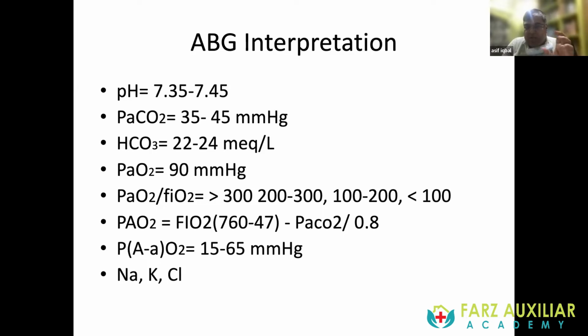But from the question stem, you have to calculate your anion gap and osmolar gap, and interpret the exact cause. So ABG is very basic to know. Every doctor, not only the critical care physician, after MBBS, you have to know the ABG. It is a very basic investigation in ICU.